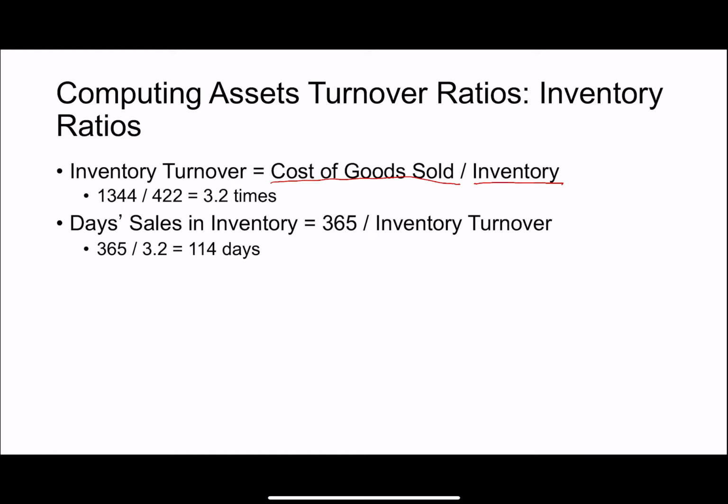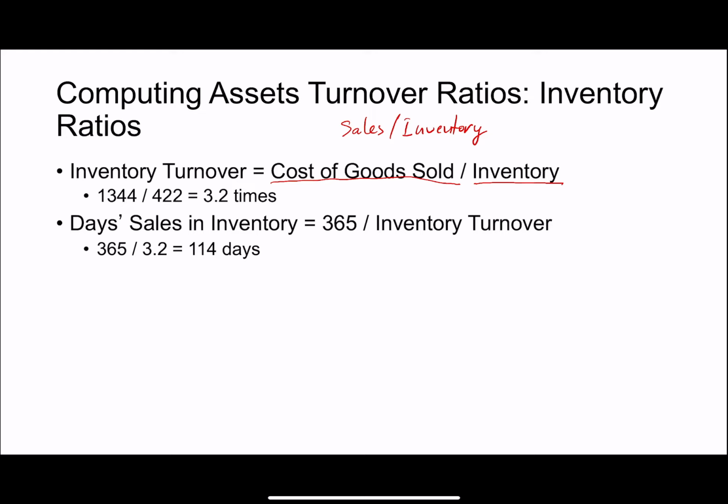Now, I don't care if you do cost of goods sold divided by inventory or instead you do sales divided by inventories. In fact, some analysts actually do that. And even in some textbooks, inventory turnover is defined as sales divided by inventory. It doesn't really matter because if you do it consistently across the different firms which you are comparing, whether you use cost of goods sold or sales, it's not going to really matter relatively.